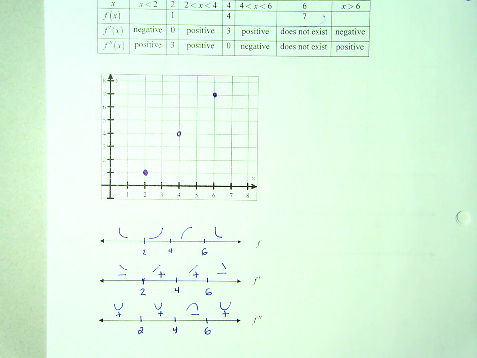When you go to graph it, it's a little weird at x equals 6. But that's okay. And notice what f prime should be at x equals 6. That will also be a clue.